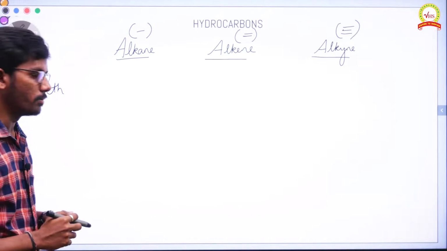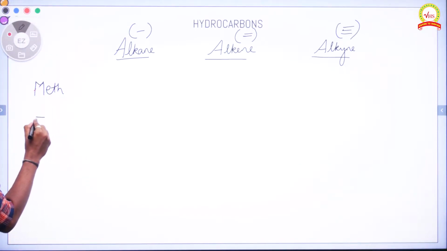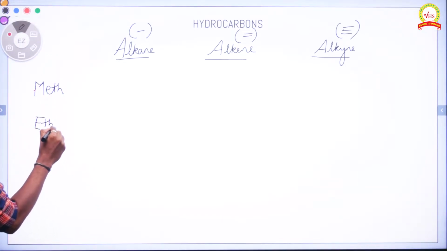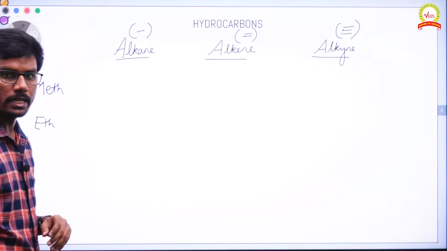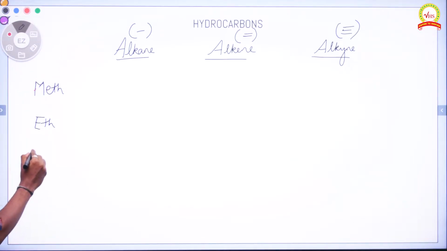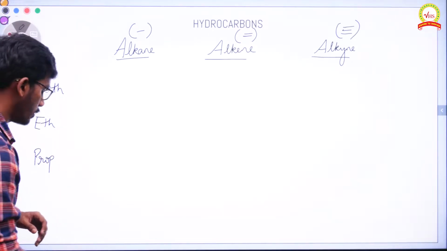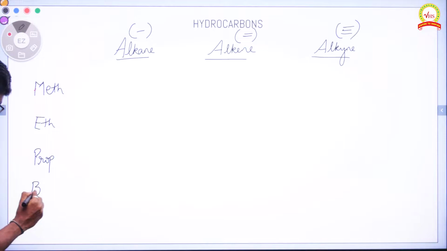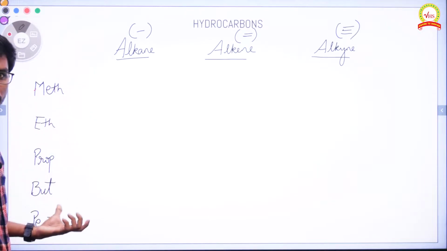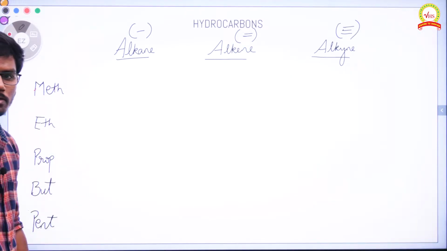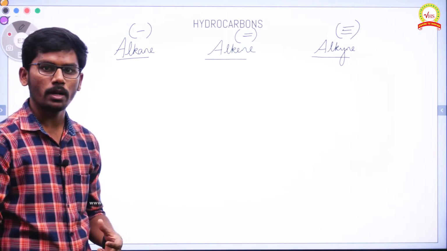Then if it has two carbon atoms in the chain, it will be called eth. If it has 3, we call it prop. If it has 4, we call it but. And if it has 5 carbon atoms, we call it pent.